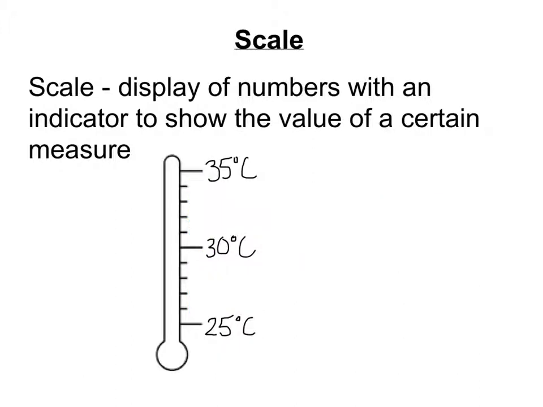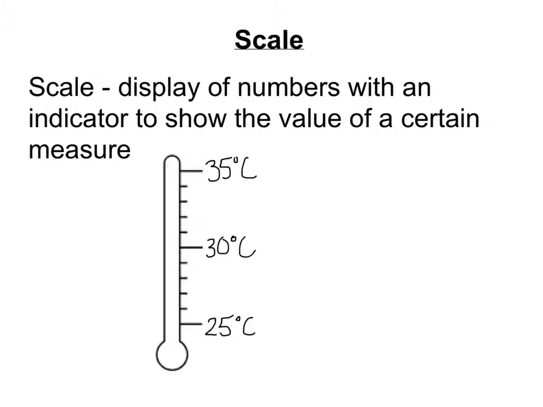If instead my 3 large tick marks are marked as 25 degrees Celsius, 30 degrees Celsius, and 35 degrees Celsius, then I still have 5 jumps to get me up from 25 degrees to 30 degrees, but this time it's only a change of 5 degrees.